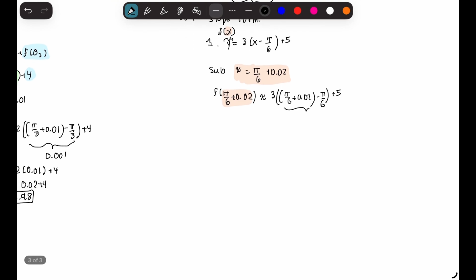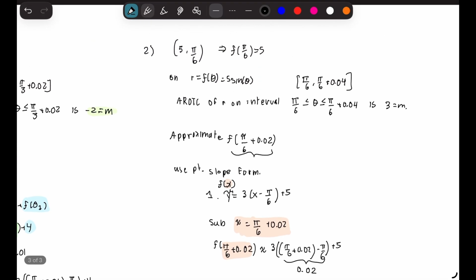Inside of our parentheses, this is just going to be 0.02. So overall, this is 5.06.